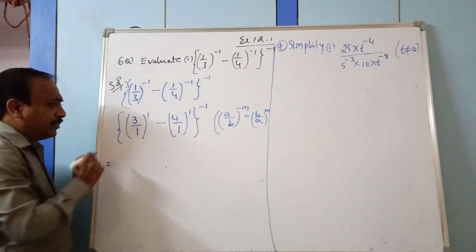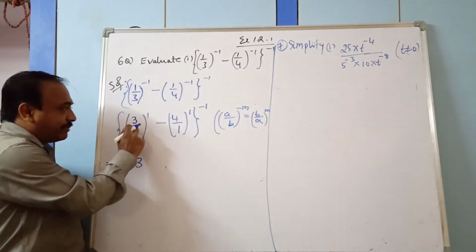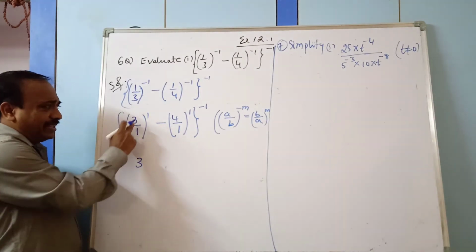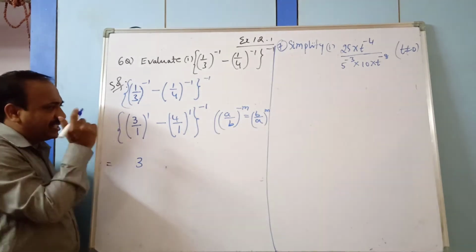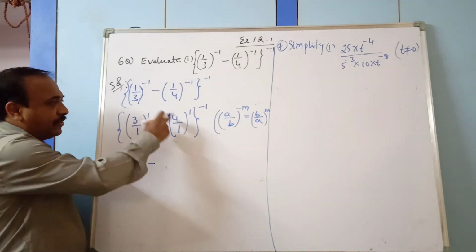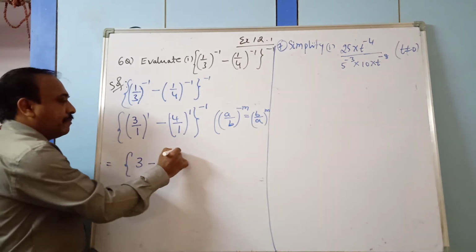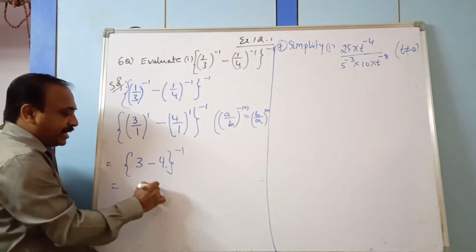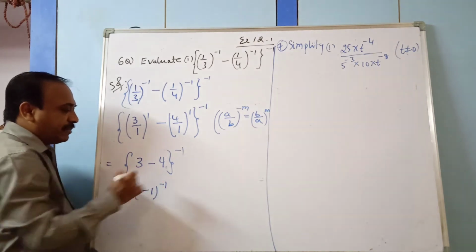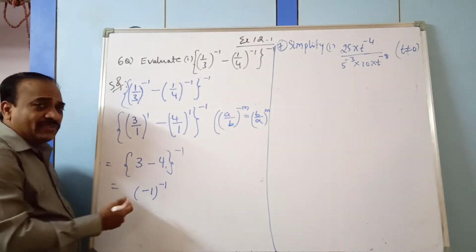Now (3/1)^1 is nothing but 3. The power is applicable for both, but it is only one time. So 3/1 is 3, minus 4/1 which is 4, whole to the power -1. Now 3 minus 4 is -1, so we have (-1)^-1.